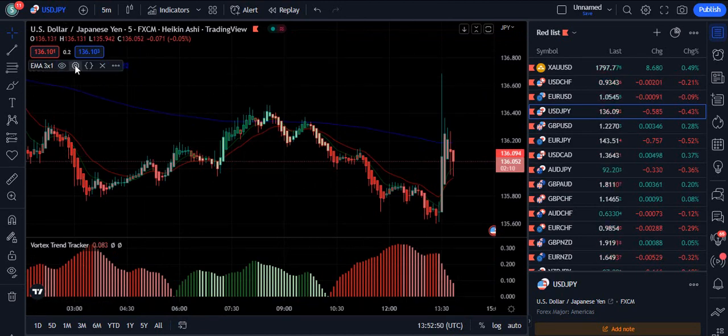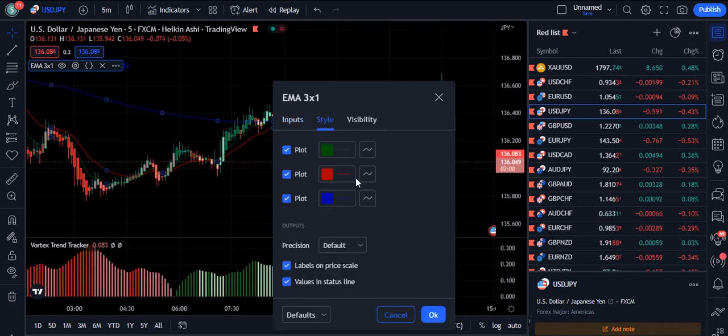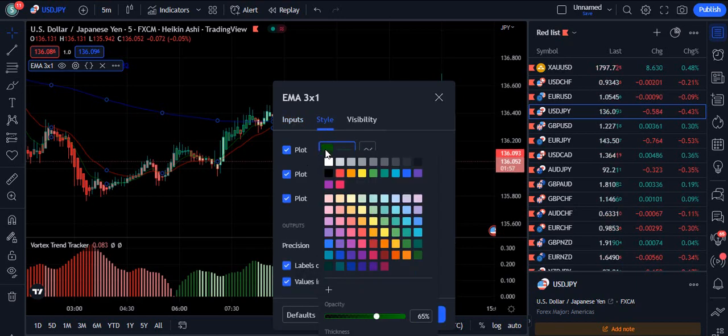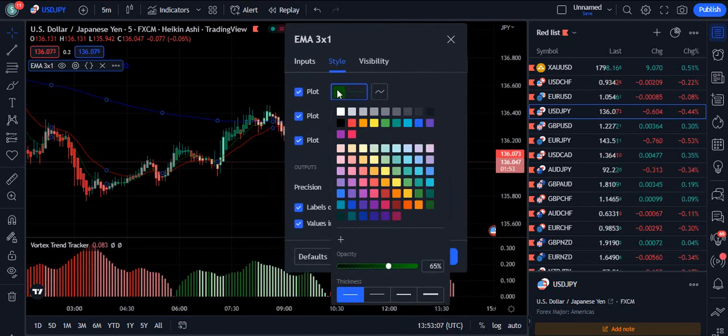Now first of all, I am going to the settings of the 3 EMA indicator. As you can see, we have the moving average with the 9 length, 20 length, and the 200. We will not change any kind of length inside it. However, we will make some changes to the opacity level of these colors. I'm going to give it a full opacity, and now I'm going to give it a thick moving average.